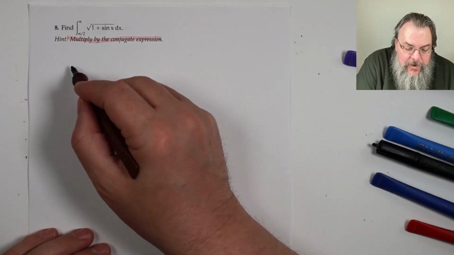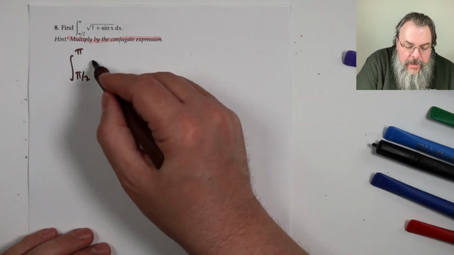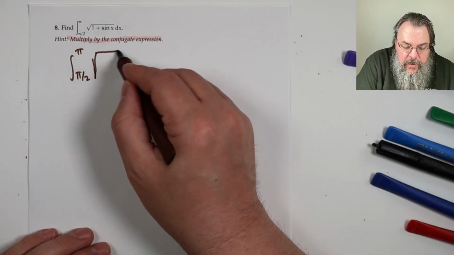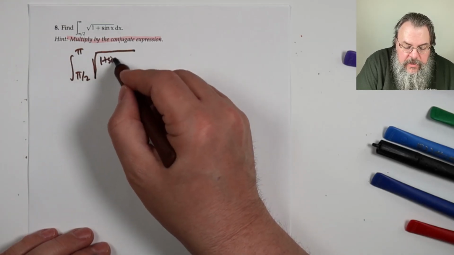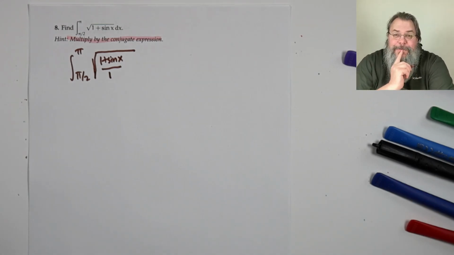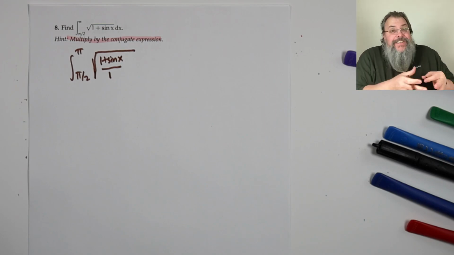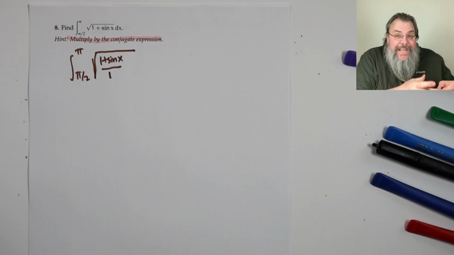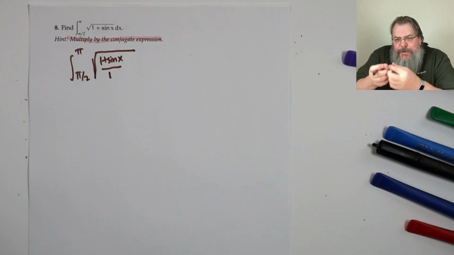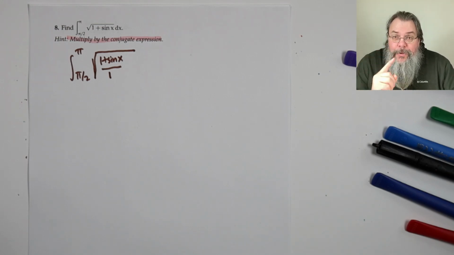All right, so here we go. Integral pi over 2 to pi. We have the square root of, and I'm going to do a lot of work inside the square root for a second, because when you multiply by the conjugate, you always got to be really careful, because multiplying can change things. Changing things gives us a different problem, which has a different answer. So we got to be careful how we multiply so we don't change. The way we make sure we don't change is we multiply by the 1.